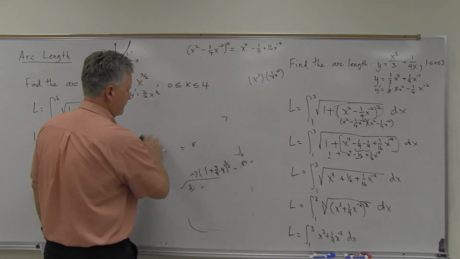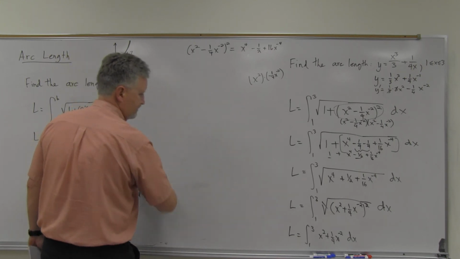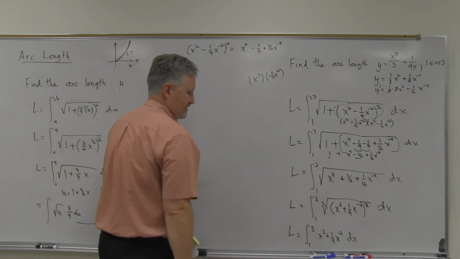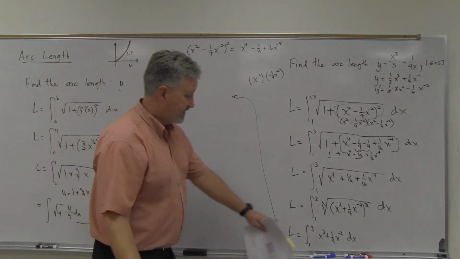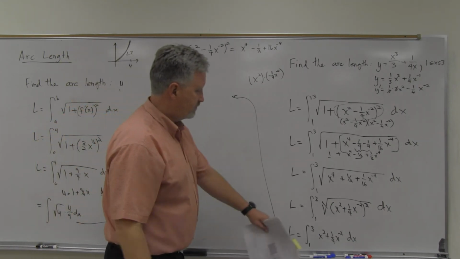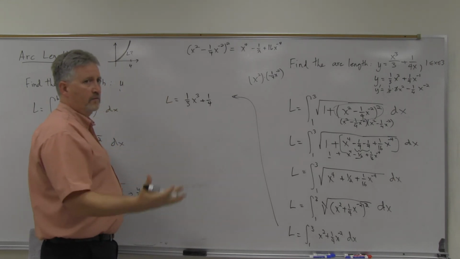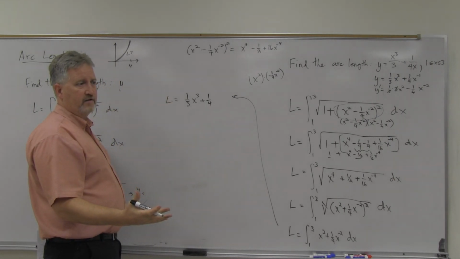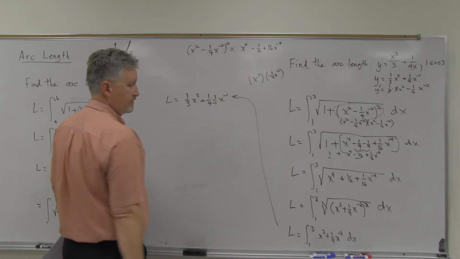So you don't have that square root stuff anymore, and it's just a simple antiderivative, right? The antiderivative of x squared is 1/3 x cubed. The antiderivative of 1/4 x to the minus 2, well, you keep your 1/4, add 1 to the negative 2 power, you get negative 1 power, so you're going to divide by the negative 1 here.